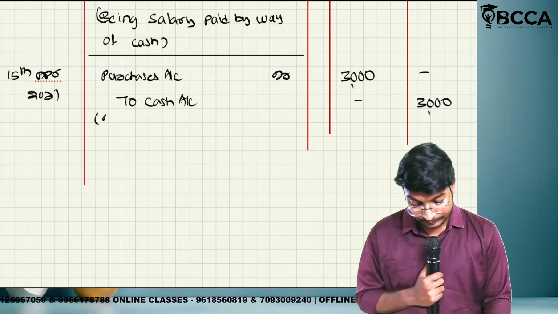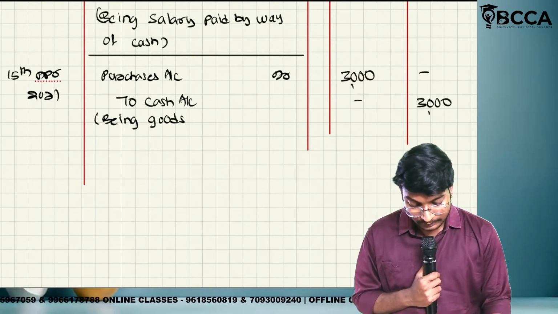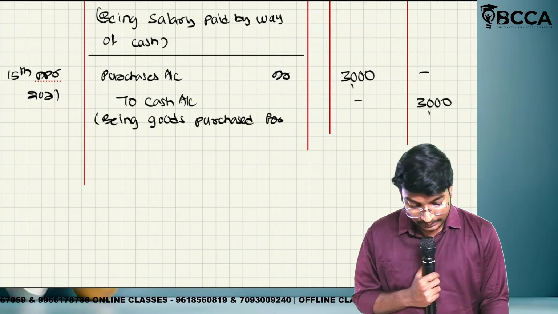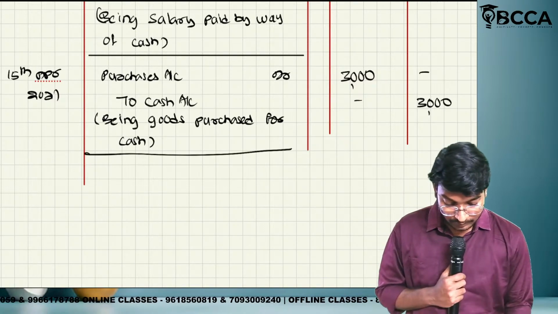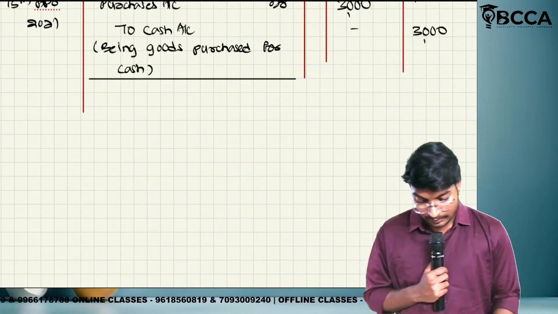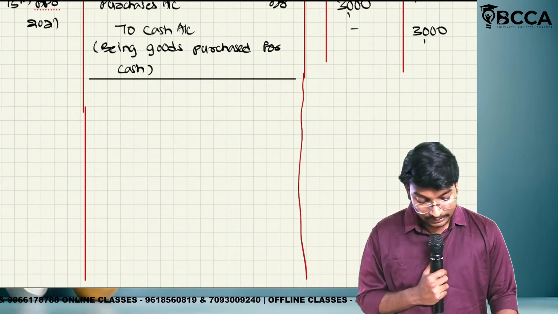Being goods purchased for cash. What is the next transaction, ma?